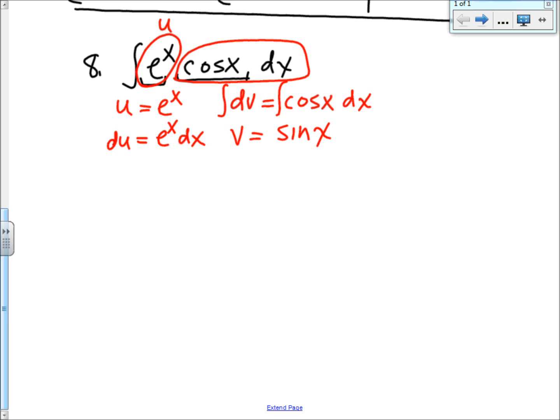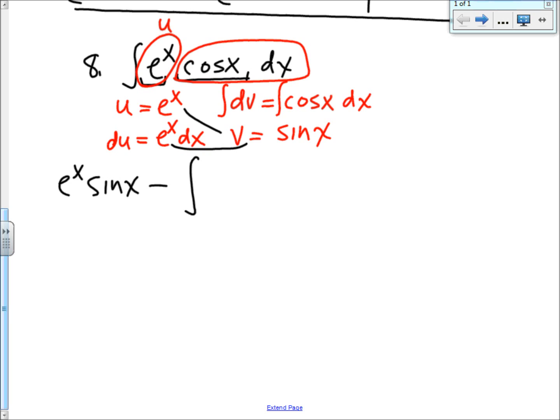Now we go back to our formula, which says uv minus the integral of v du. So here we go. u times v will be e to the x sine x, minus the integral of v du, so minus the integral of these two right here.